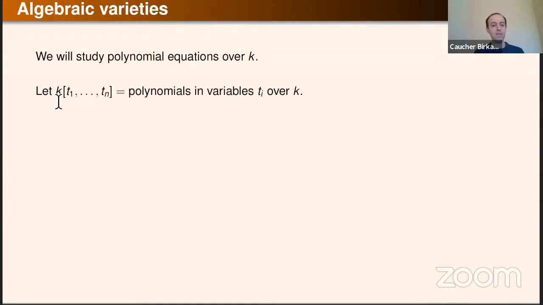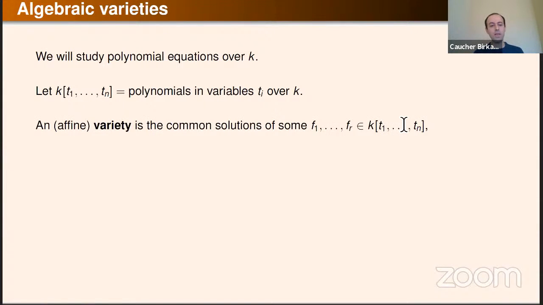So we have k, the field, t1 to tn are independent variables, and k[t1,...,tn] is the polynomial ring in these variables over this specific field. So this is the algebraic side of the story. But we also have a geometric side of the story, and that's why this is called algebraic geometry. You have algebra, you have geometry. This is the algebra here. Now we also have a geometry.